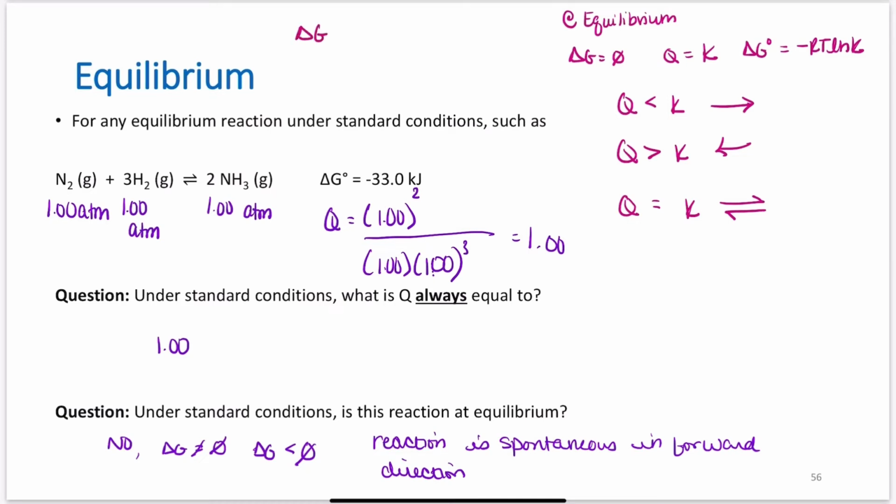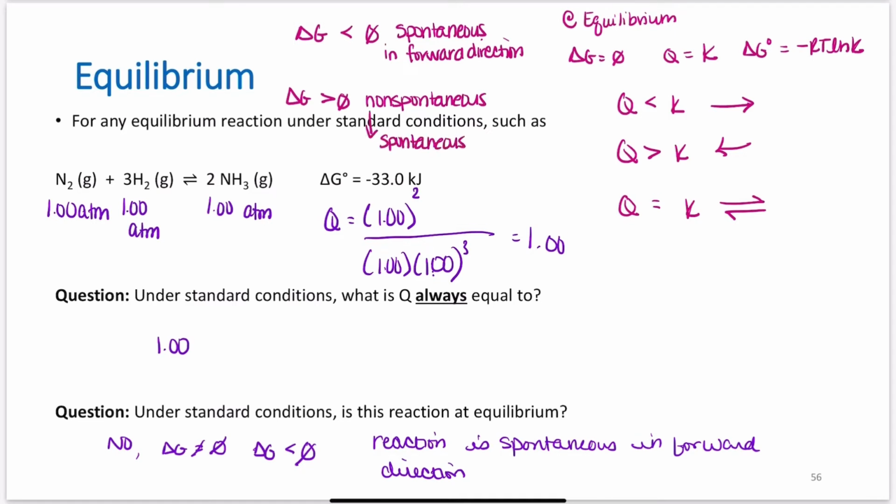If delta G is less than 0, it is spontaneous in the forward direction. If delta G is greater than 0, it is non-spontaneous, but you can say spontaneous in the reverse direction.